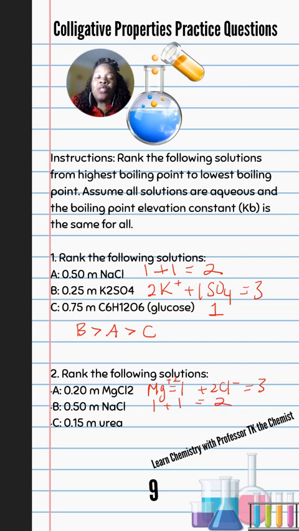And for this last one, urea is automatically equal to 1 because it does not dissociate in aqueous solution. So therefore, when we look at ranking them, letter A is going to come first, followed by letter B, then letter C.